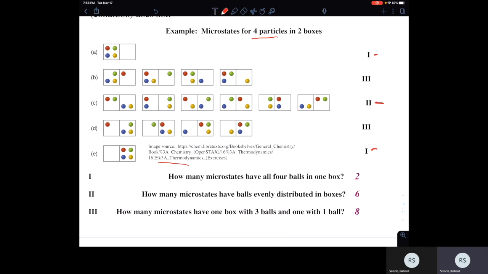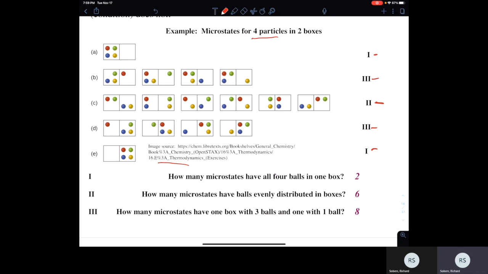And so that's the description Roman numeral 2. And then the description Roman numeral 3, the simple description is 3 bean bags land in one box, and 1 bean bag lands in the other box. And so you can see there's 4 different possible ways that could happen.